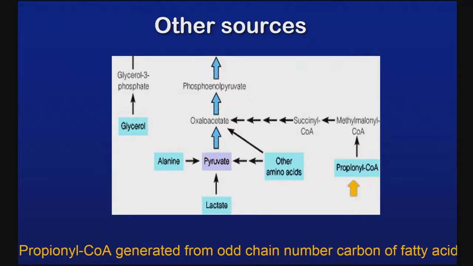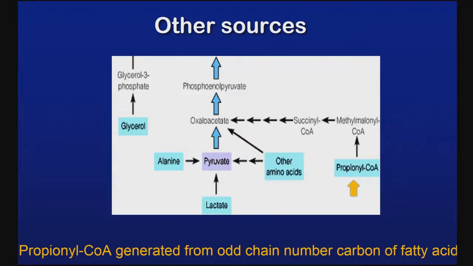Remember, the acetyl-CoA does not get converted to pyruvate. Remember that, because those are the questions people like to ask. Fat does not contribute to the gluconeogenic pathway because acetyl-CoA cannot be reverted back to pyruvate.